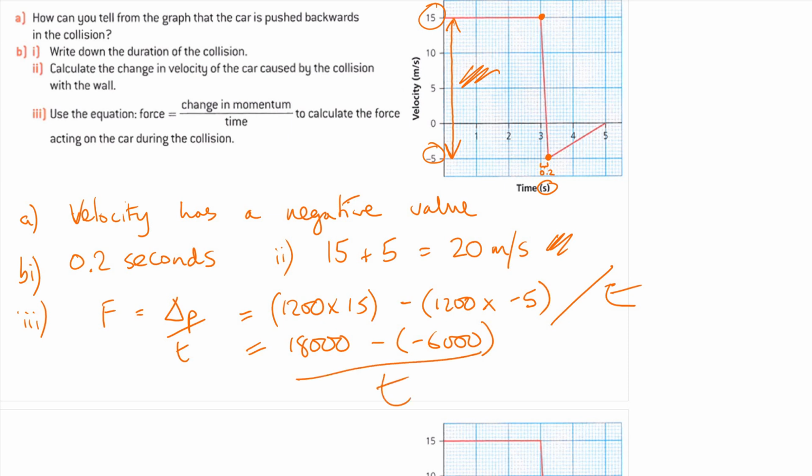This is also divided by time. And that equals 24,000 kilogram meters per second. That's the change in momentum divided by the time it took, 0.2, and we get a value there of 120,000 newtons, which you could write down as 120 kilonewtons if you so wished.